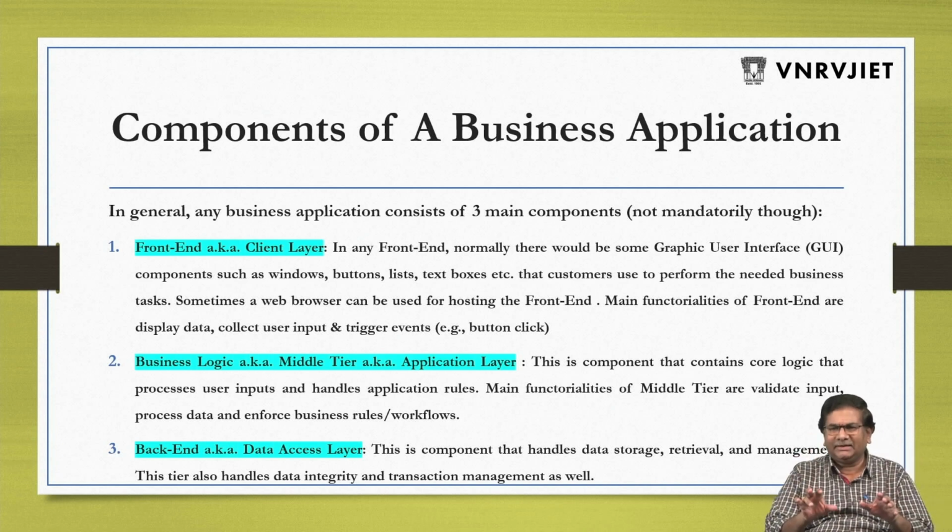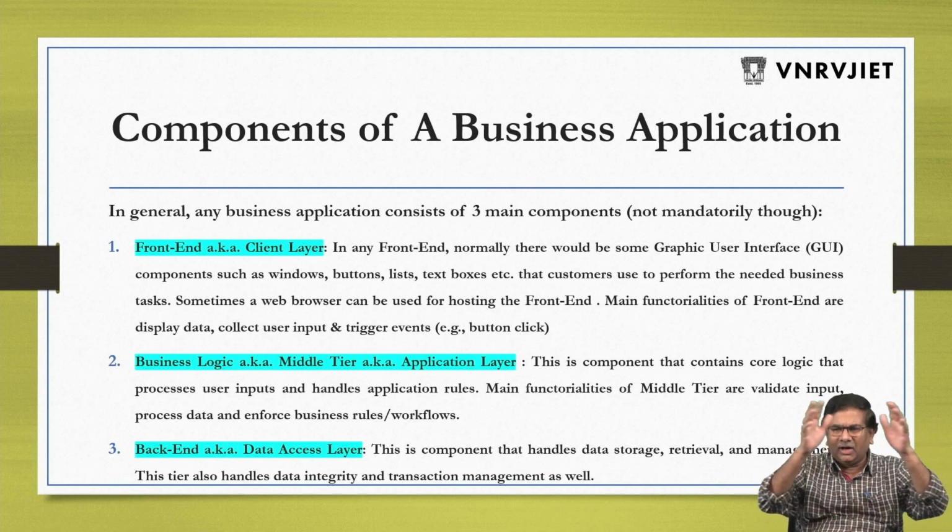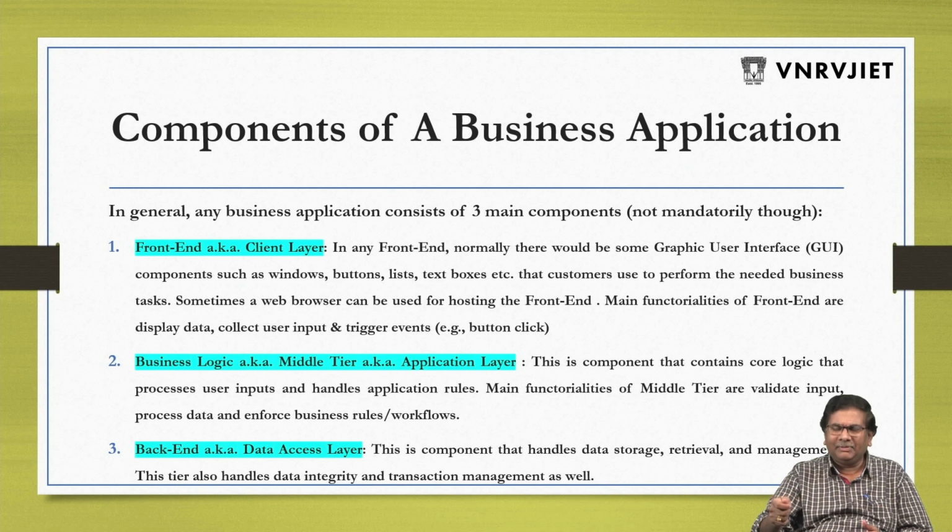You enter some text in a text box, you select something, check a radio button or a check box, you do something, finally say click submit or process, whatever. Basically you input all this information into a form or a screen, then you ask the application to take this data and process it, right? So that's pretty much what the front end is.